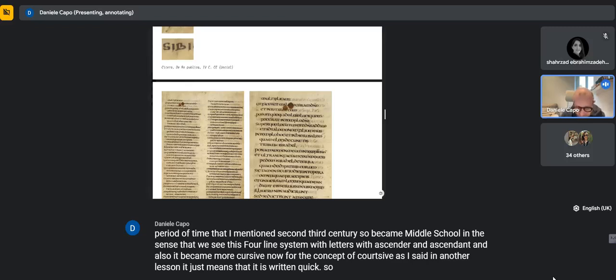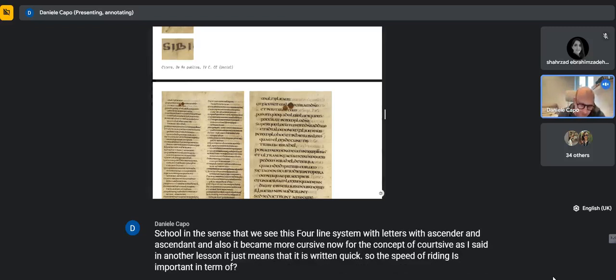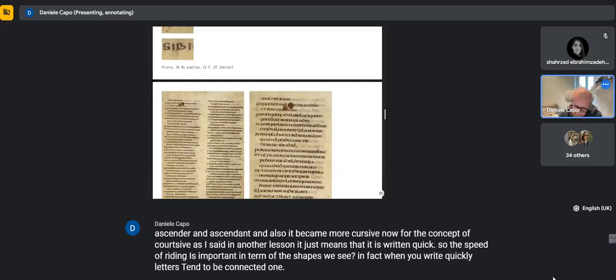So the speed of writing is important in terms of the shapes we see. In fact, when you write quickly, letters tend to be connected one with the other.